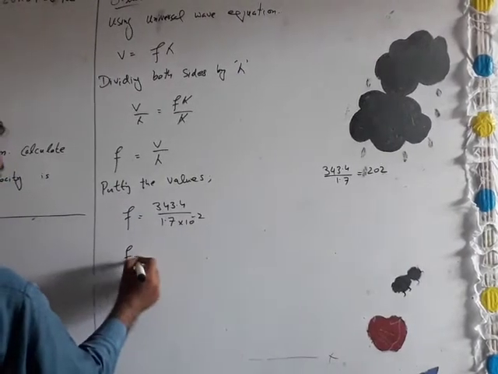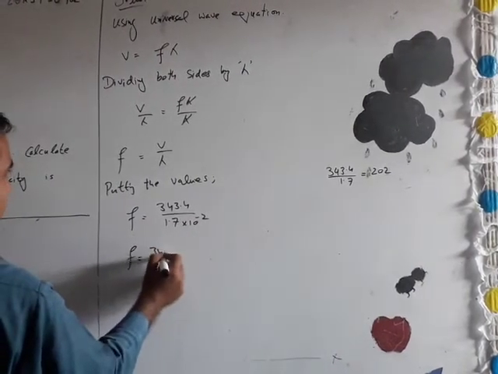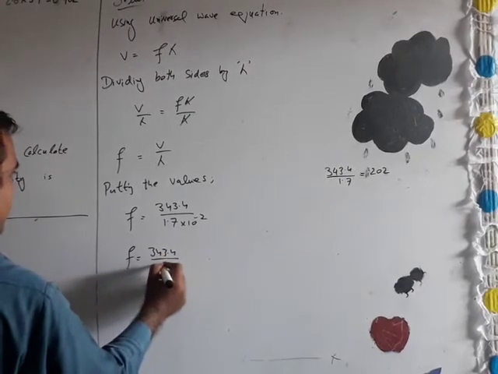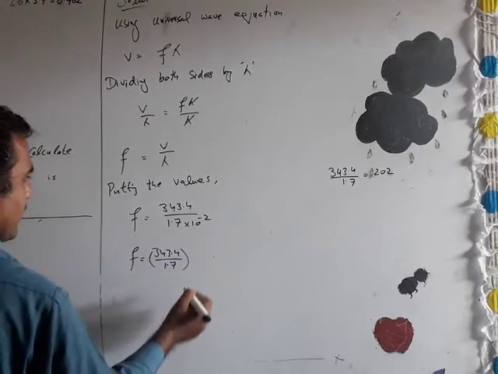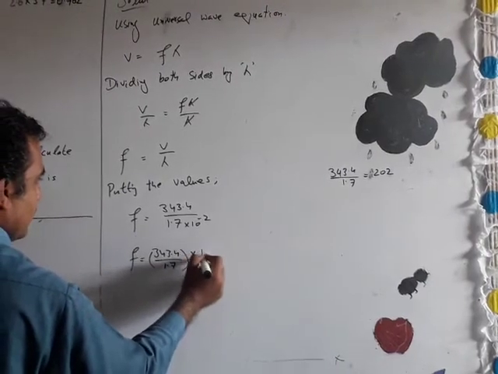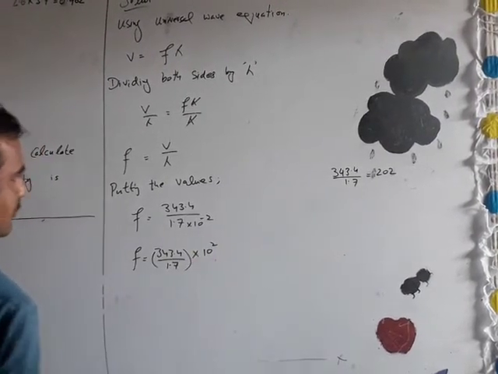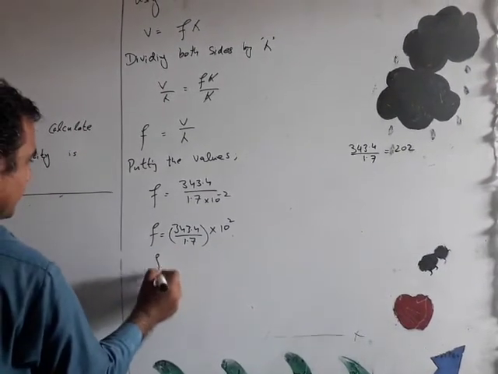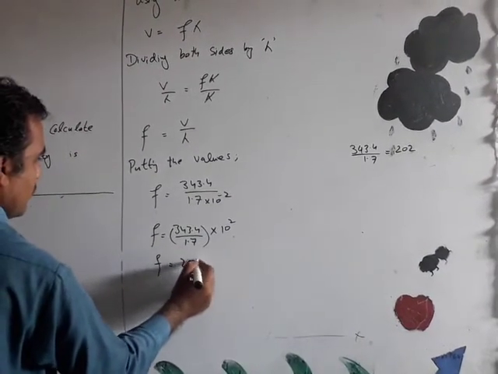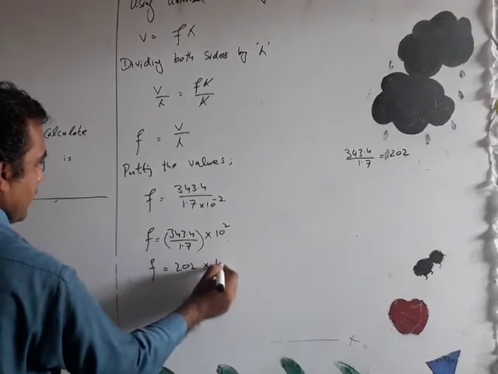So the frequency will be equal to 343.4 divided by 1.7, shifting the 10 power minus 2 into the numerator, so its exponent changes to positive, 10 power 2. Dividing these values, we get the answer as 202 multiplied by 10 power 2.